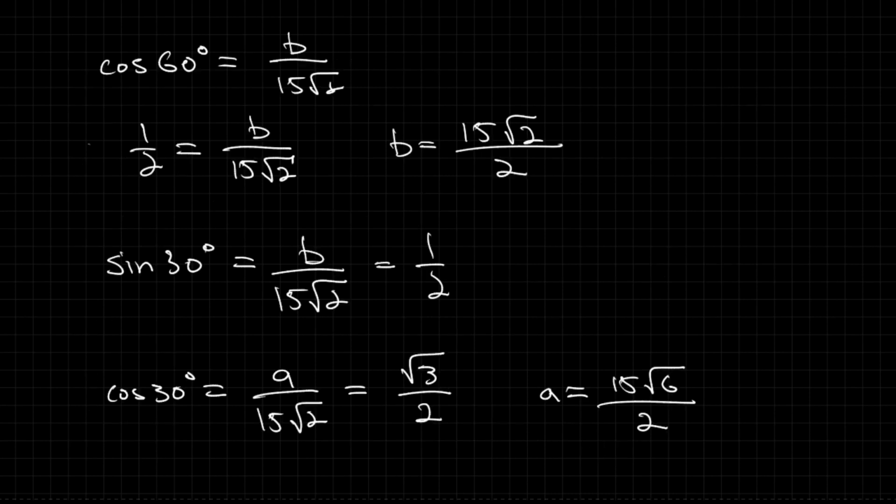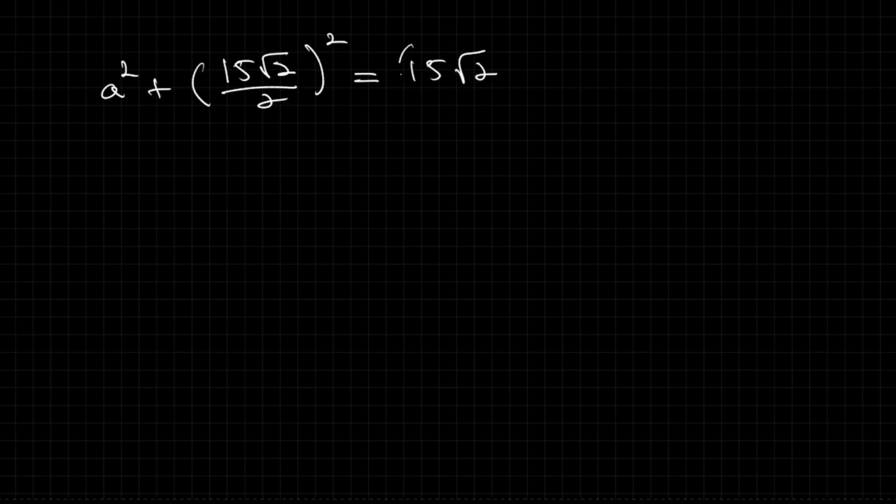And so we can write out, remembering that b is 15 root 2 over 2, that a squared, which is supposed to be unknown, plus b squared, which is 15 root 2 over 2 squared, is the same as c squared, which is 15 root 2, and you have to square c. So you can also figure out a from this equation here.